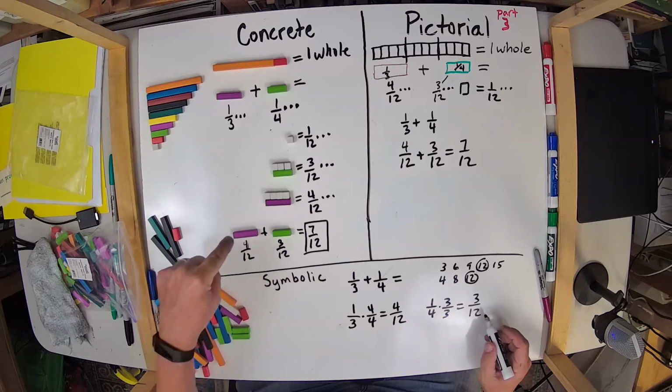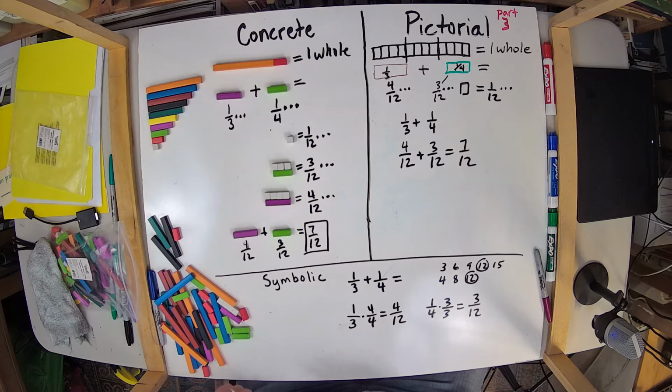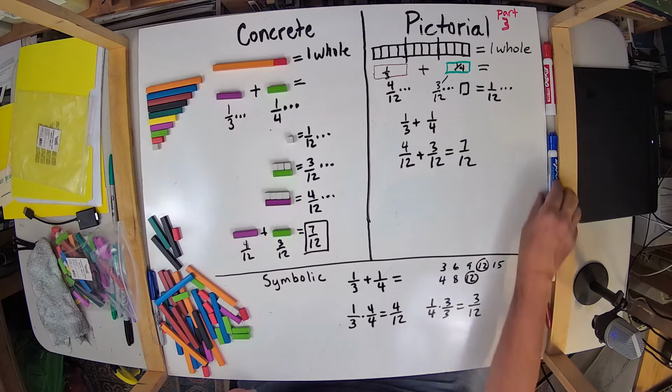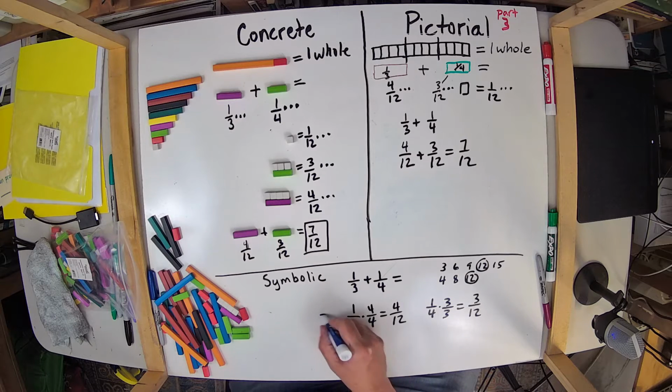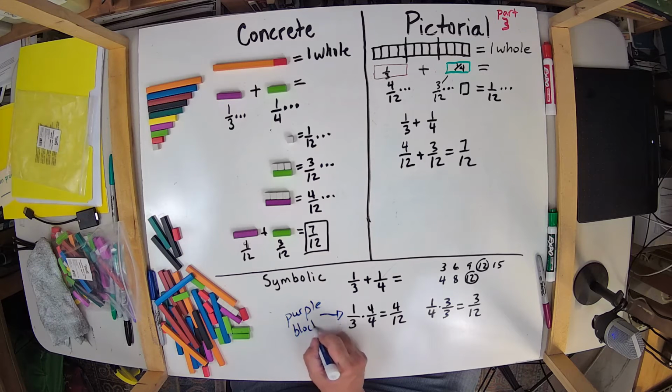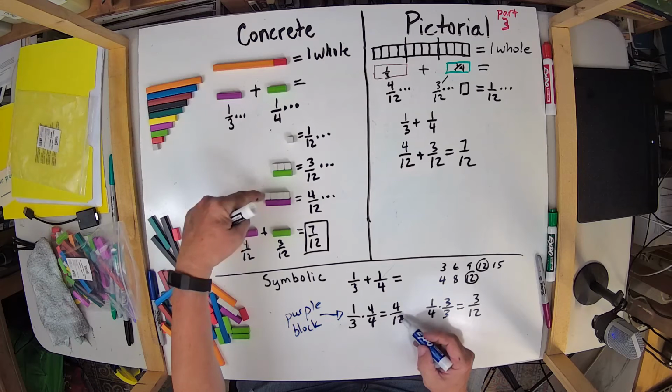And so what I want you to do when you get to this point and say, oh, this is a really interesting thing to note. This is the purple block. This is the purple block. And now I'm changing it from 1/3 to 4/12.